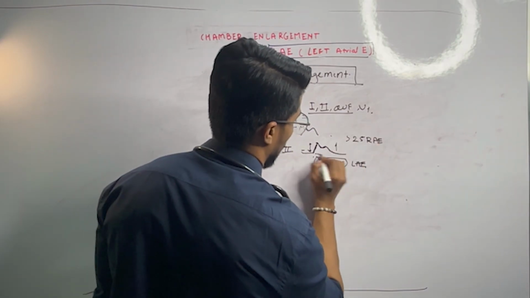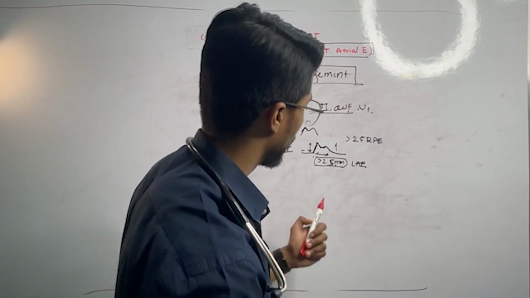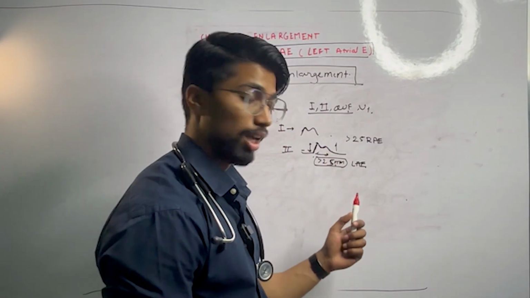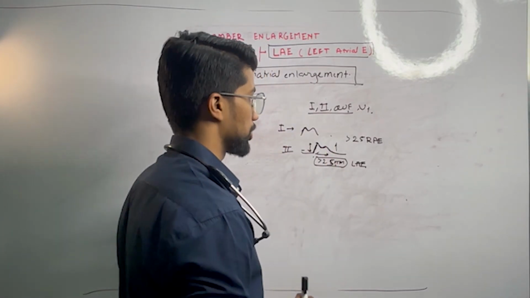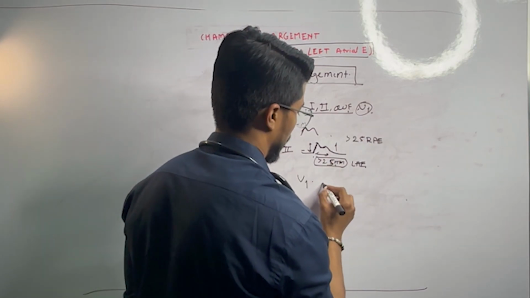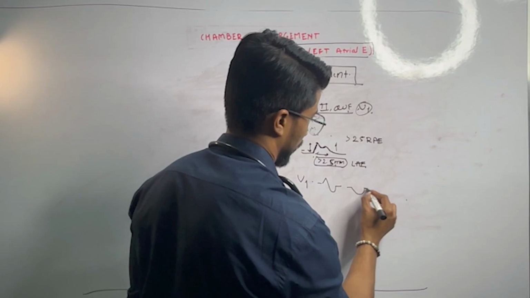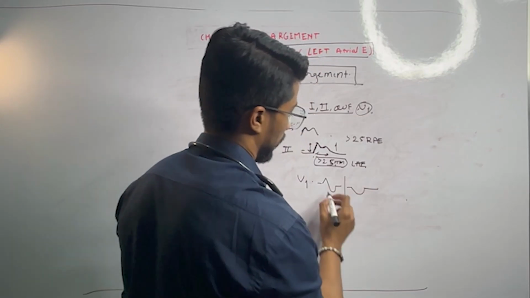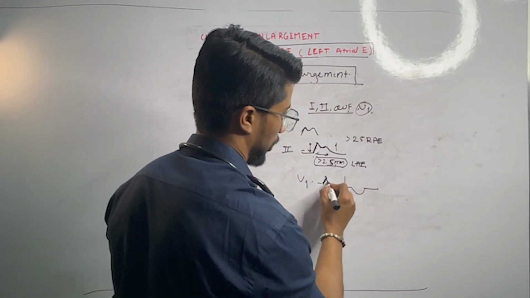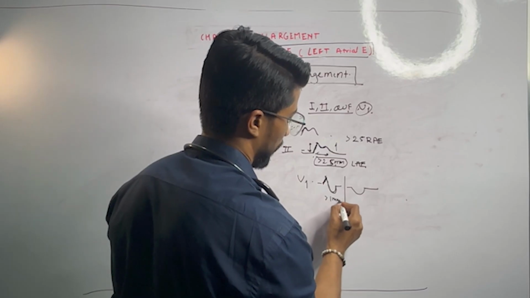So both these changes are present, and usually they're going to have the configuration of M mitral because of your left atrial enlargement, and in lead V1 it's going to be either biphasic or inverted, right? This is the RA component. It's going to be tall because of RA enlargement, and this is going to be deep, more than 1 mm.